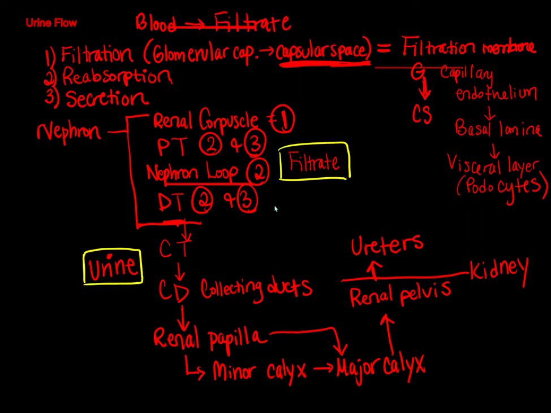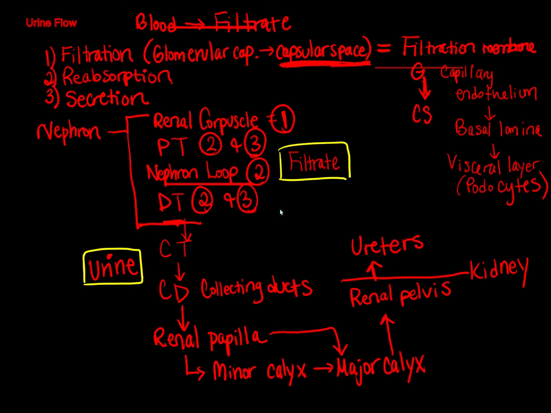And so while about 10% of our blood volume that comes into the kidney will be filtered, so function number 1, about a majority of that fluid is going to need to be reabsorbed.